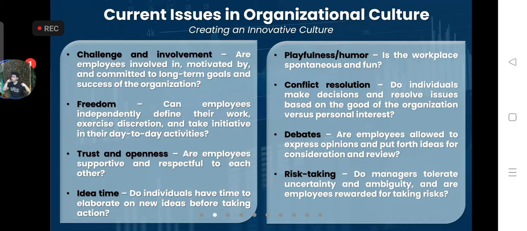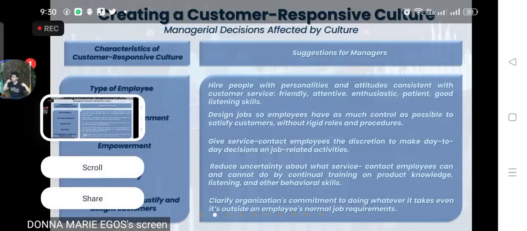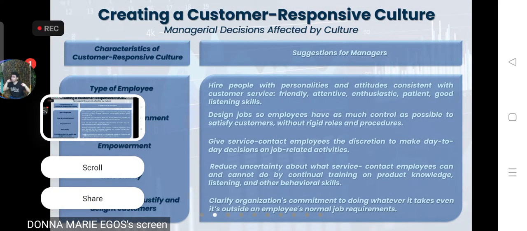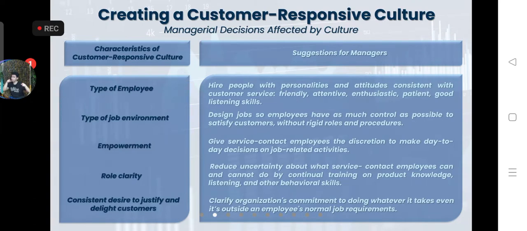So let's proceed to the next slide. Creating a customer responsive culture. Again, what does a customer responsive culture look like?